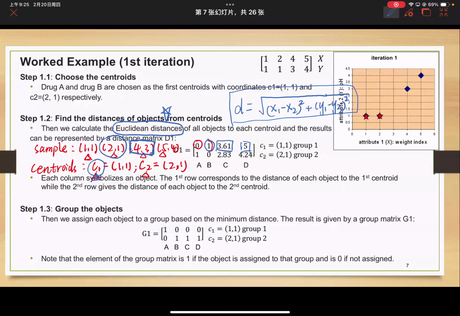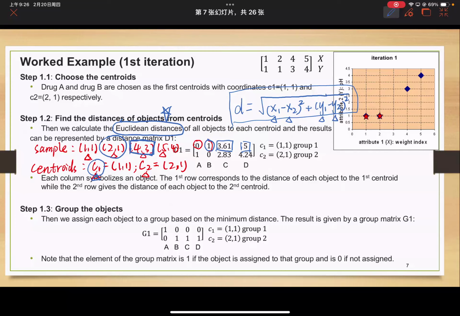So X1 represents the x value of the first data point, X2 represents the x value of the second data point, Y1 represents the y value of the first data point, and Y2 represents the y value of the second data point.